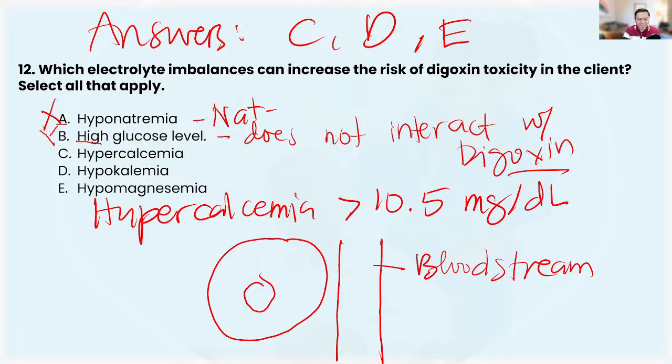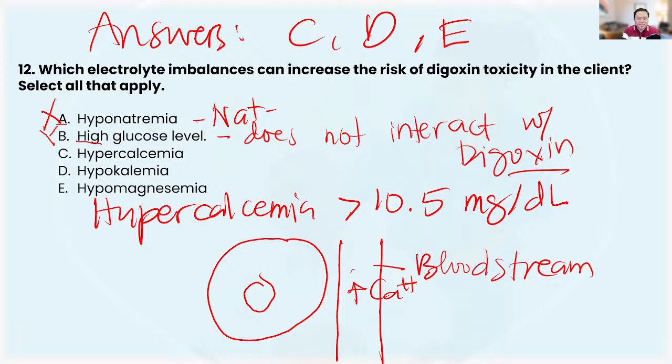And let's say, for example, elevated calcium level, Ca++, okay? So when there is hypercalcemia, of course, this will eventually be aggravating the automaticity of the heart cells, okay?